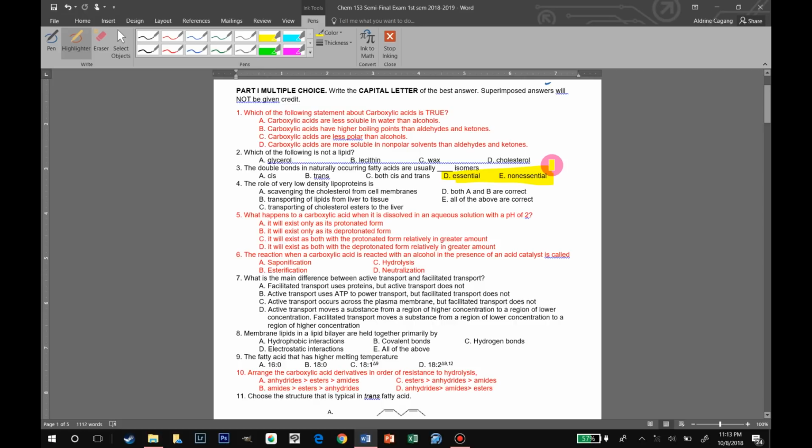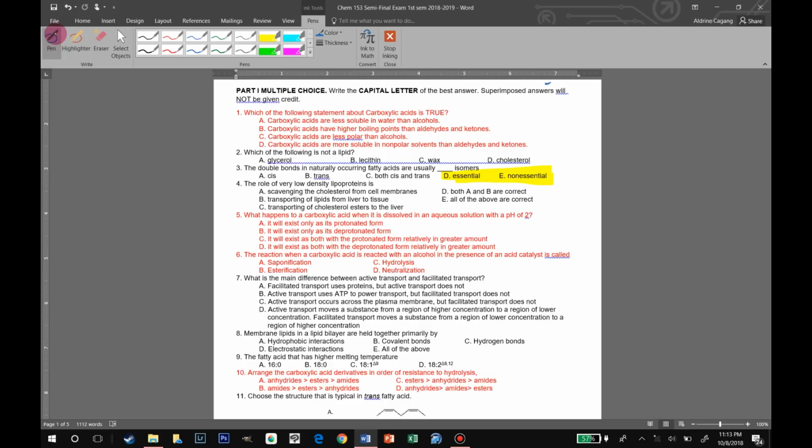There's no such thing as essential and non-essential isomers. So we only have those isomers that we've had in our discussion: the constitutional isomers, the enantiomers, the cis and trans isomers, and especially for double bonds in particular.